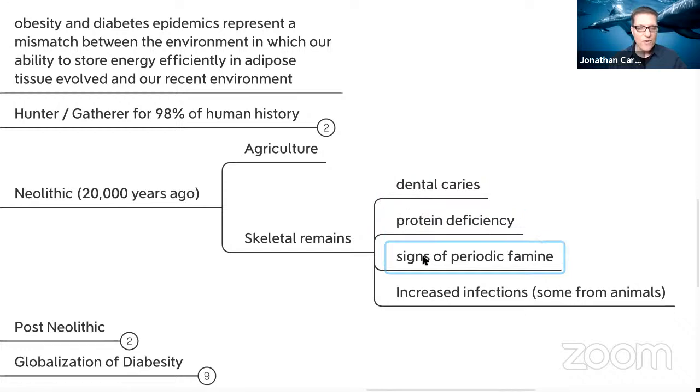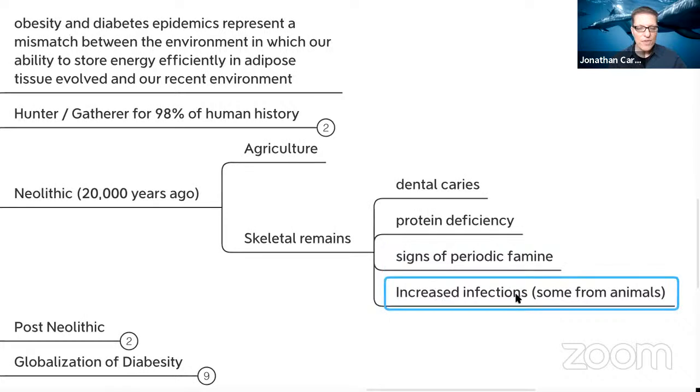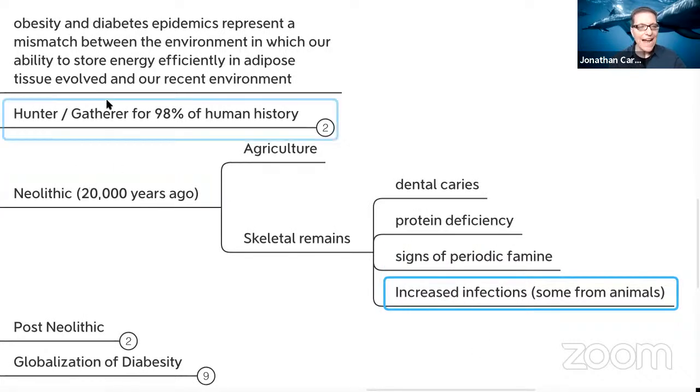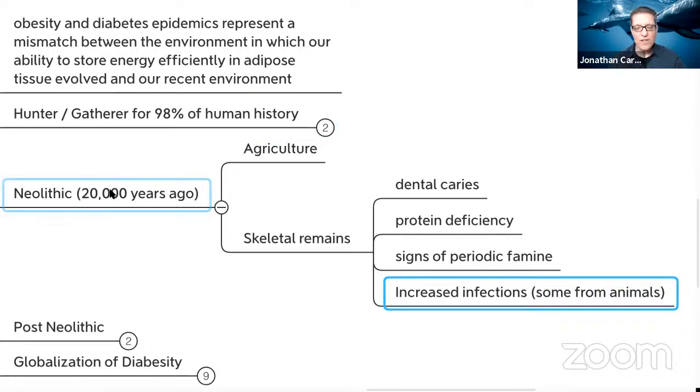There were also signs of periodic famine, and increased infections that some people theorize are directly related to the fact that humans, after the hunter-gatherer stage, started to create cities and agriculture, essentially farms where they were cultivating animals, and there was an increased risk of infection.